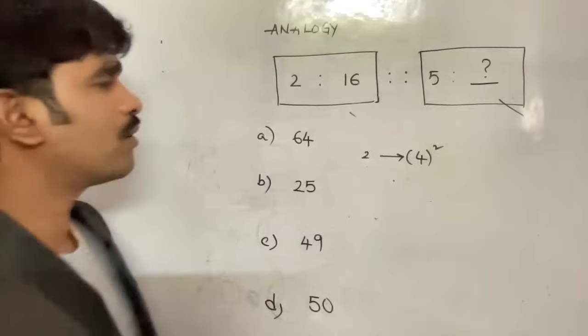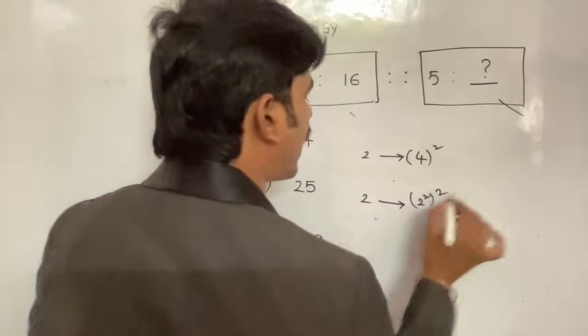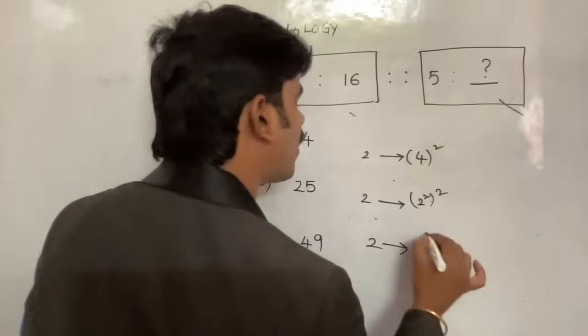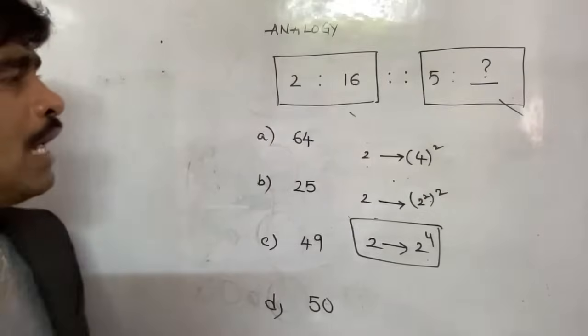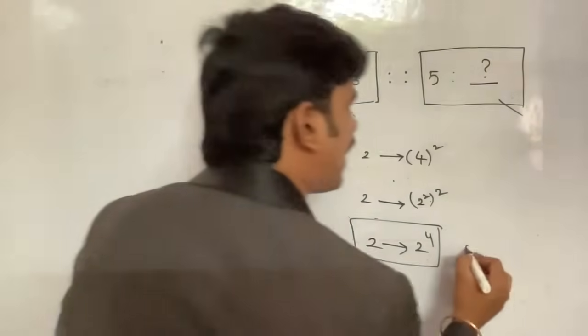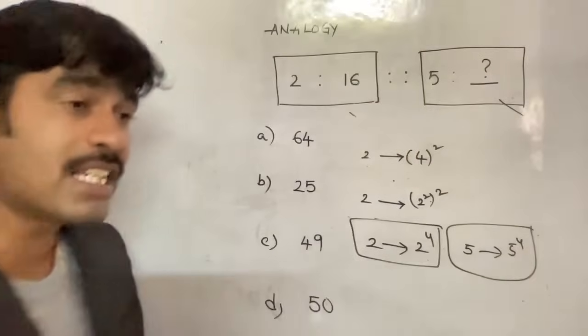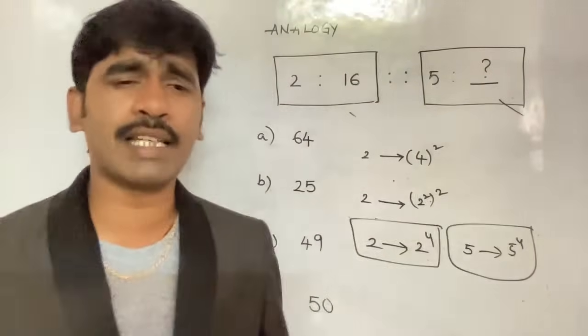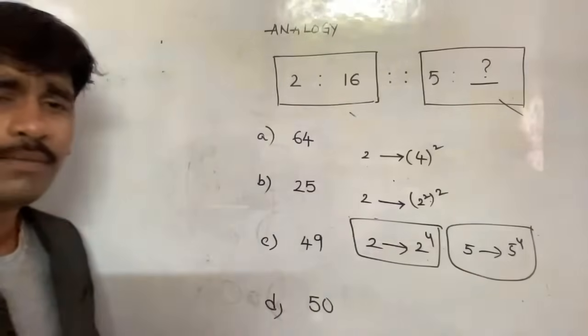And 4 is nothing but 2 square, right? So can I write this as 2 becomes 2 power 4? And there 5 will become 5 power 4. What is the value of 5 power 4? 5 square is 25, 25 square is 625. So is the option available here?